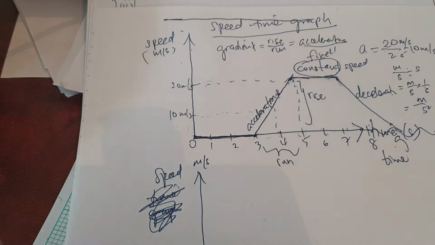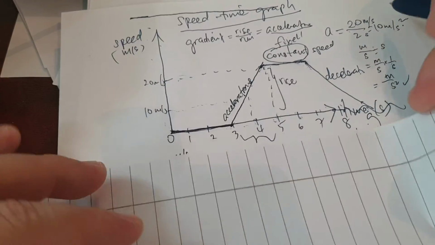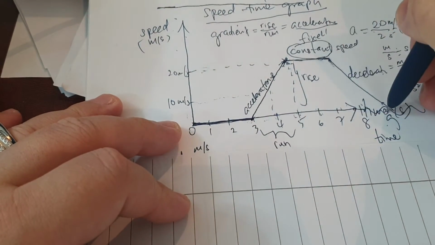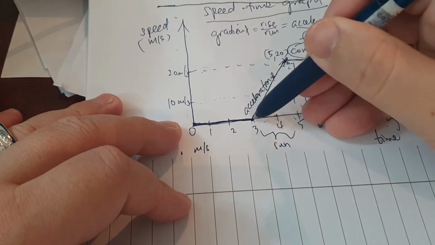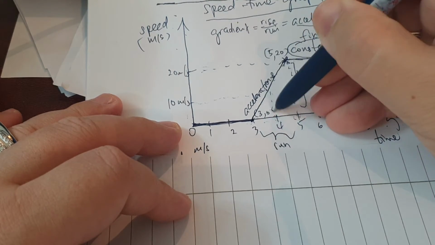Okay, before that, I show you another way to find the acceleration. You can also use the gradient formula. This is like x, this is like y. So this point is 5, 20. This point is 3, 0, correct?